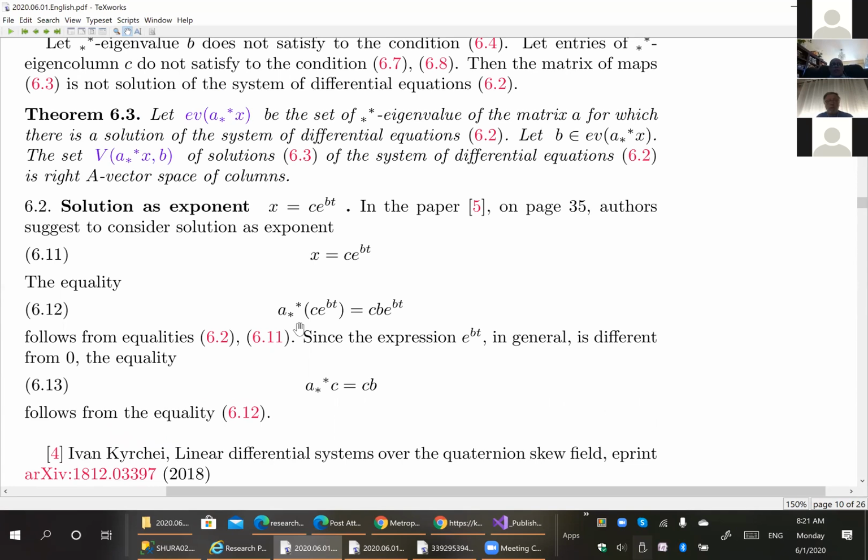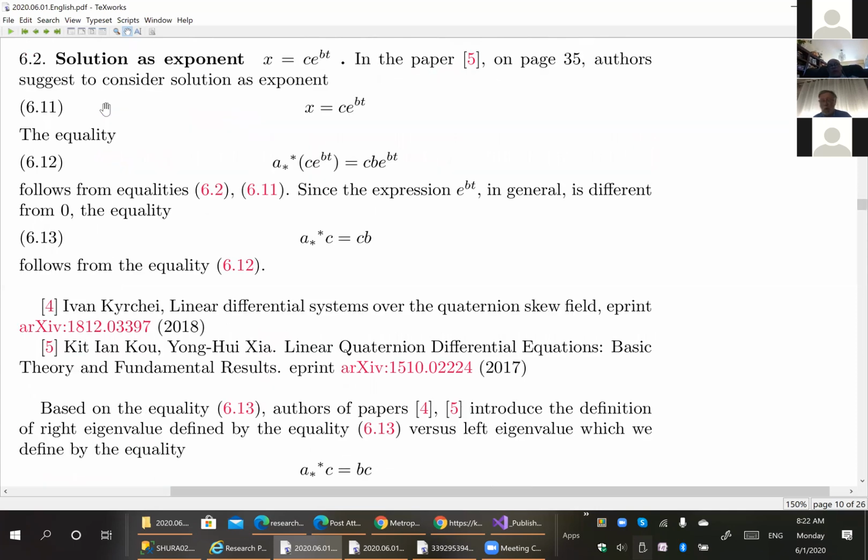In this case, we get an equation like this, and if we return to the choice that we considered on the singular equation, you see that the requirement for this to be a solution of our system should be that B commutes with C. But if B commutes with C, then we can change the order here and get a solution.